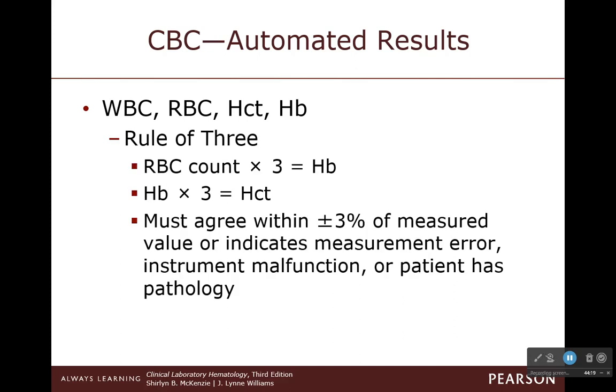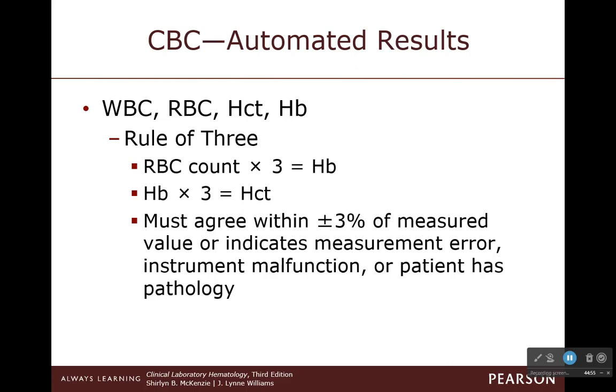All right, something very, very important that you guys need to learn. You need to know this. Rule of 3. Rule of 3 is very important because as you become a seasoned tech, you will always look at your CBC reports and do the rule of 3. You will look at your RBC count times 3 equals your hemoglobin.